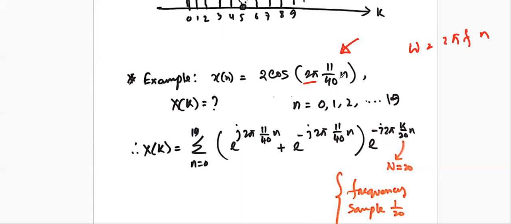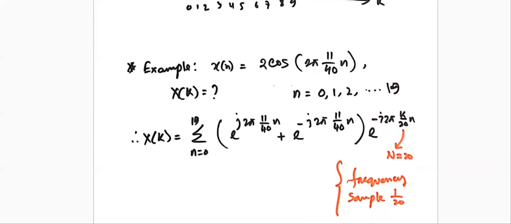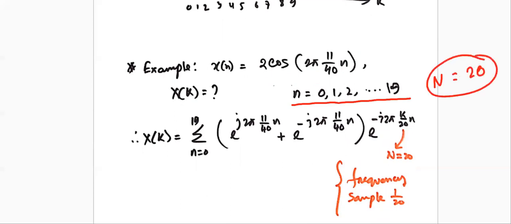So this f can be replaced, f equals 11 by 40. That represents the frequency. Okay. So for this one, just arbitrarily, we can choose n from 0 to 19. So the capital N equals 20. We have chosen that.